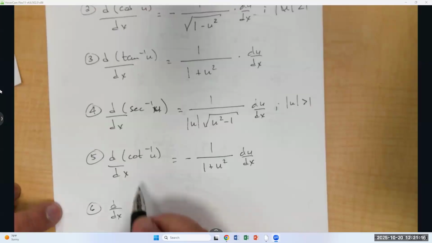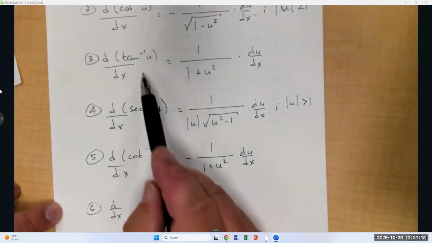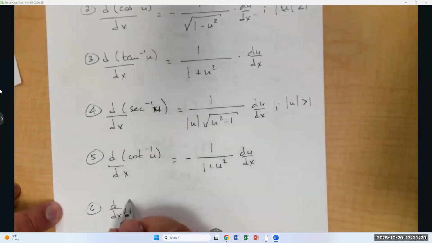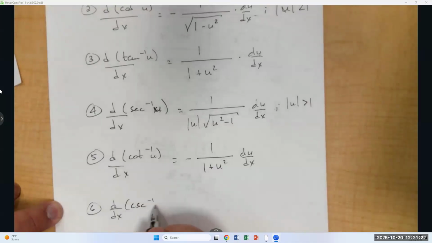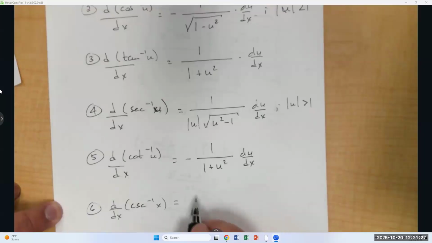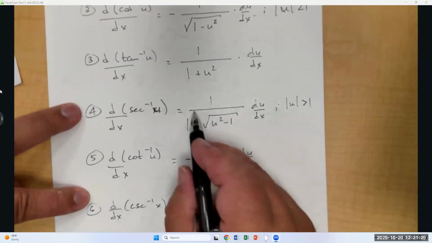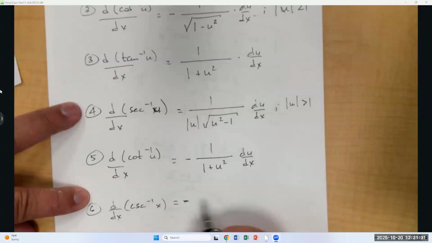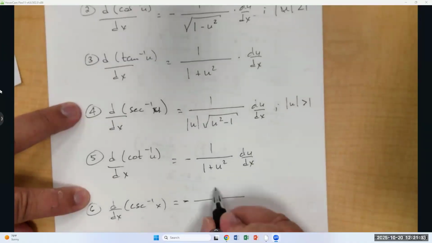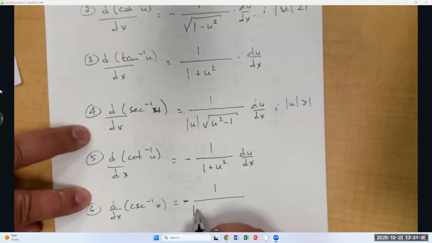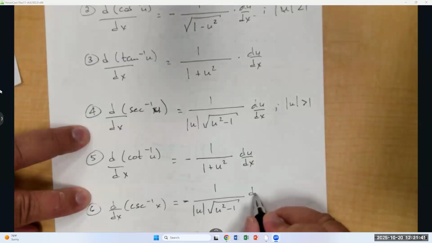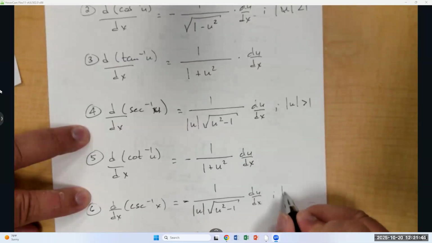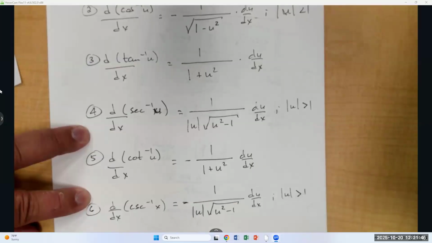So in the last one, since we did sine, cosine, tangent, cotangent, secant, this is going to be cosecant. The cosecant and secant are opposite, so that one's positive, this one's going to be negative: 1 over the absolute value of u times the square root of u squared minus 1, times du/dx, and the absolute value of u is greater than 1.